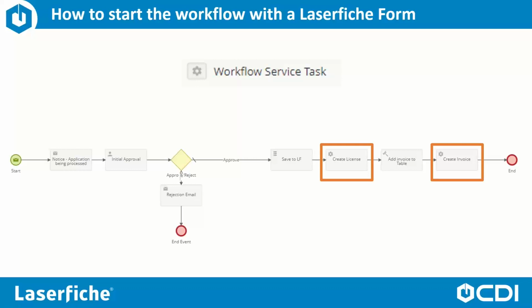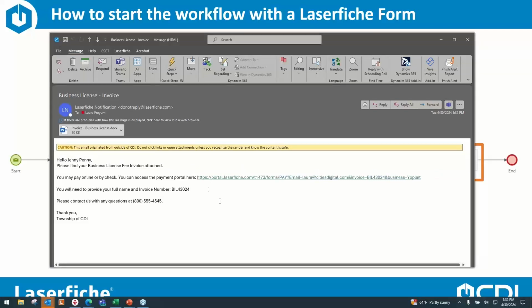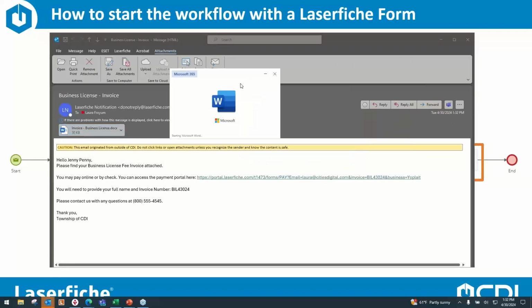And I'm just going to go ahead and show you the email with the business license invoice that was generated. The business license itself is very similar. It's just, you know, a business license. But here we've got this Word document, and based on the information filled out, the Laserfiche workflow engine grabbed those metadata fields that were pushed in and generated this Word document for me.